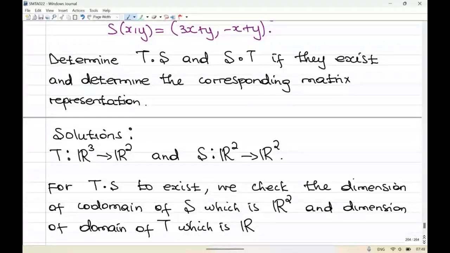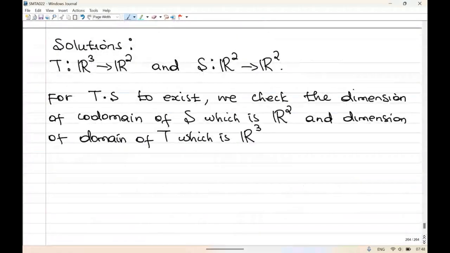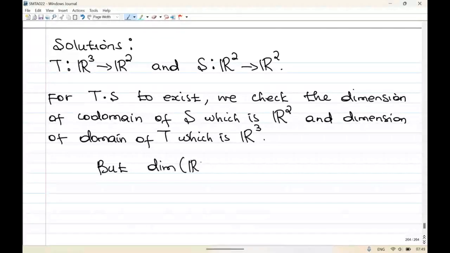The domain of transformation T is R3. So can you agree that you cannot multiply them because the dimensions are not equal?